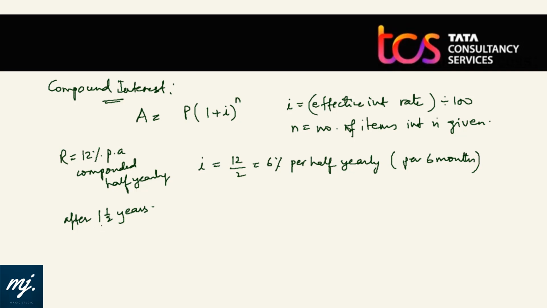Now, if interest is given after every 6 months, in 1.5 years how many times would the interest be collected? That will become 3 times.